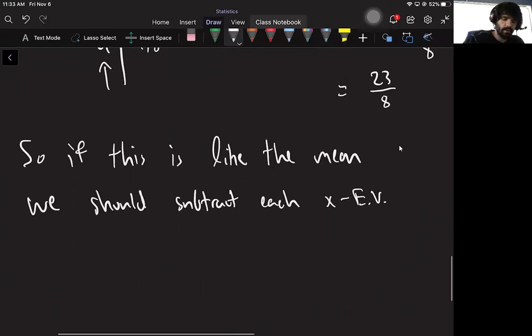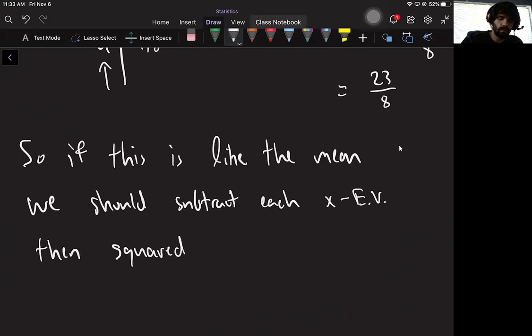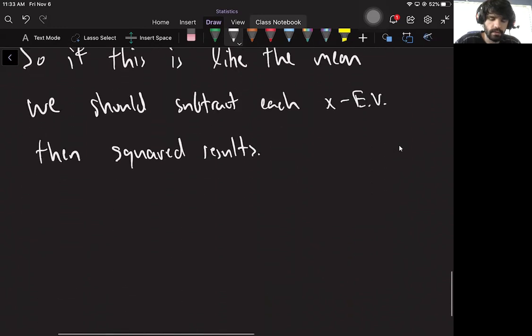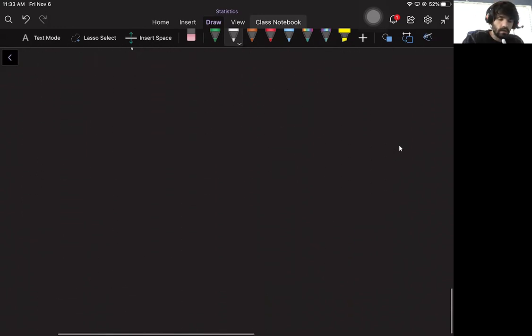And then what did we do for standard deviation after that? We squared to make them positive. But then we're going to do something a little bit different after that. Okay, so let's get going though. Instead of my data points subtracting my mean, it's going to be my possible values of the random variable minus the expected value.